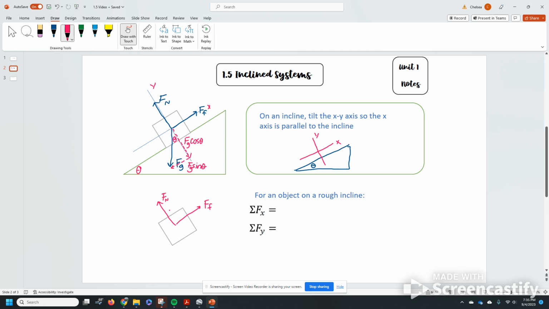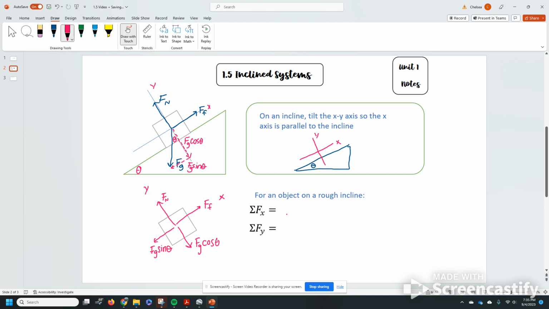So opposing the normal force, looks like we have our cosine component, and then pulling down the ramp, which is why this block wants to move in the first place, is the sine component. And again, this is my x direction and this is my y direction.